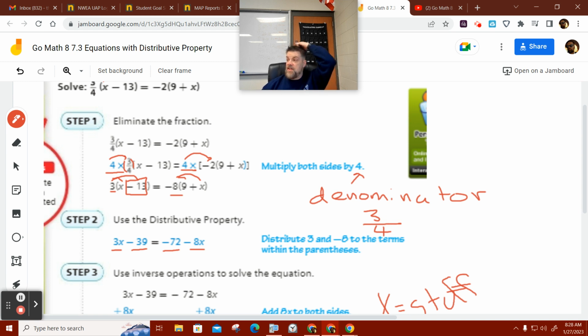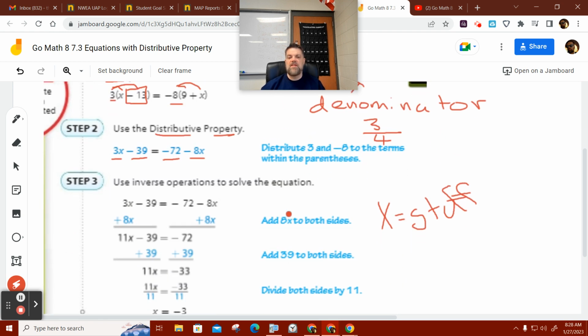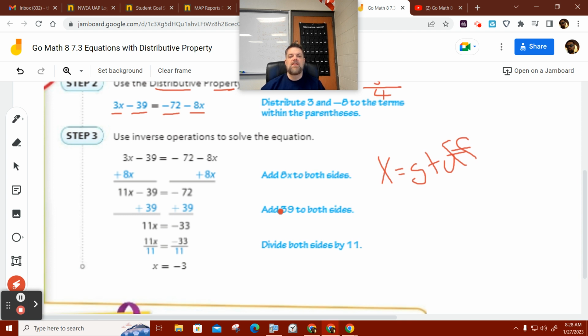By writing that little thing in your book, when you go to take your test and it's open book, you just read the words. After you've multiplied by the denominator, what's the next step? Use the distributive property. If you read the words, it tells you distribute the 3 and the negative 8 to the terms within the parentheses. So you literally have the recipe to do the work.